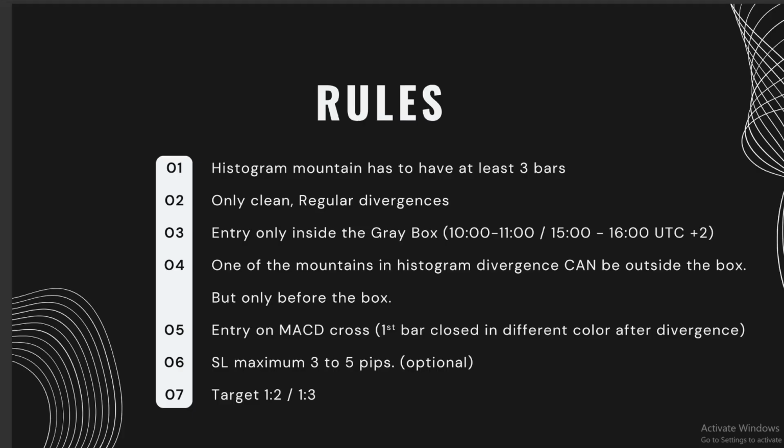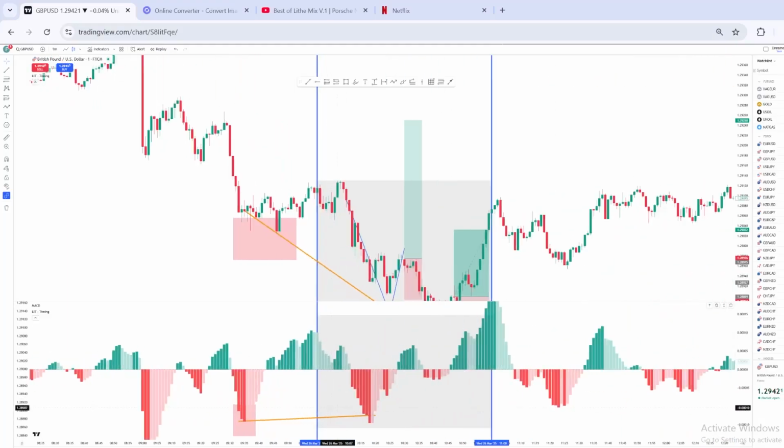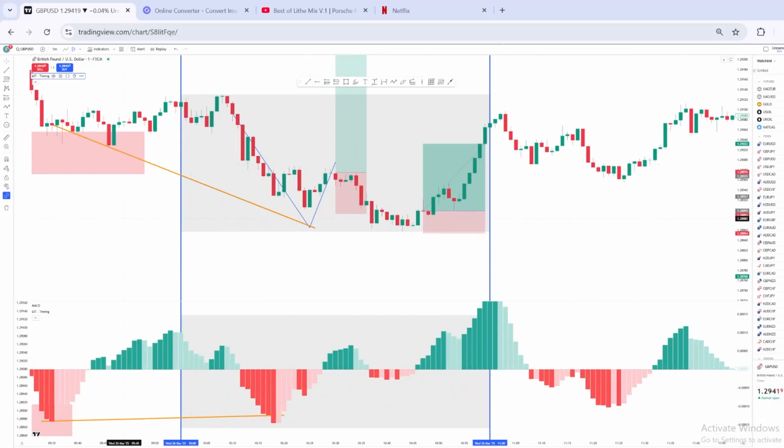Entry on MACD cross or first bar closed in different color after divergence on the MACD. Let's see. What I mean by that is, let me take off these drawings.